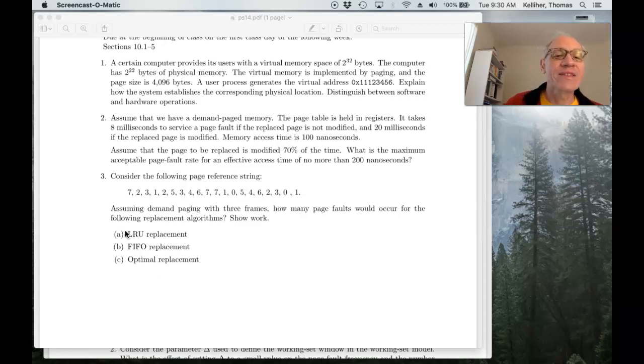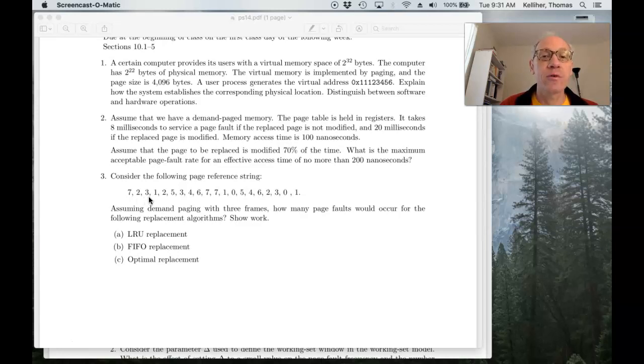There's a brief example. Let's say we had a random page replacement algorithm. We hit 7. Remember, the frames are empty. So this is a page fault. We hit 2, another page fault. 3, another page fault.